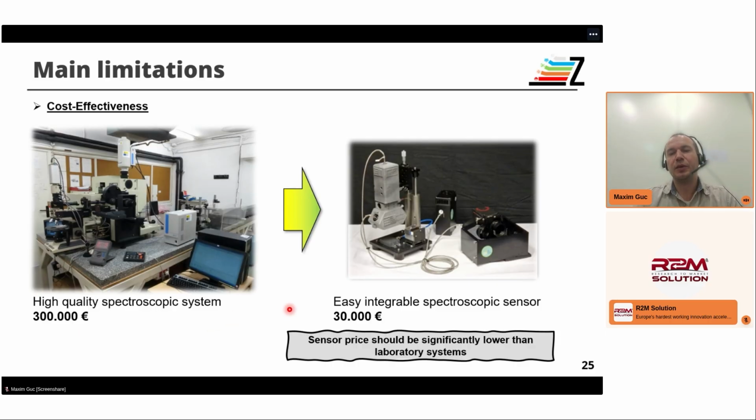But by removing this versatility of the system, because this is maybe not always needed by the industry, because they have a very fixed product, a very fixed production line, and very fixed processes that they need to control. So you don't need a system or a sensor that can monitor 20 types of different materials if this production line is producing only one type of material.